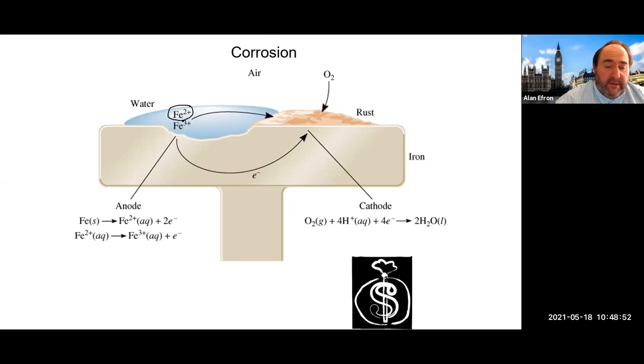With that moisture there, the iron 2 then gets oxidized as well to the iron 3, traveling over and combining with the oxygen coming in, and that's where we get our rust that's forming in this particular case.